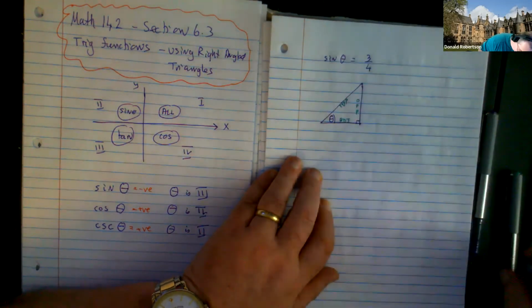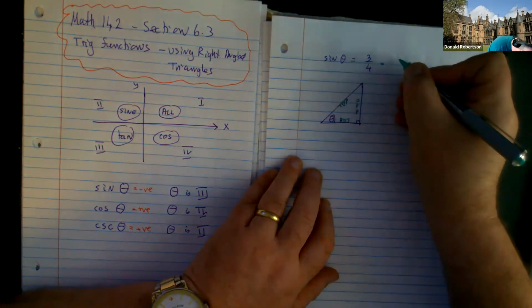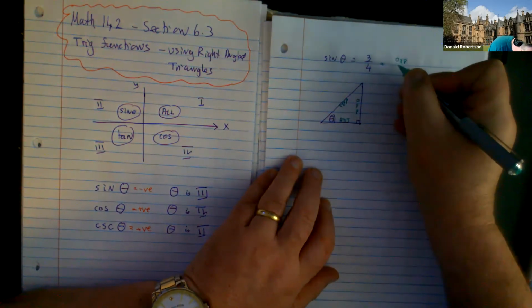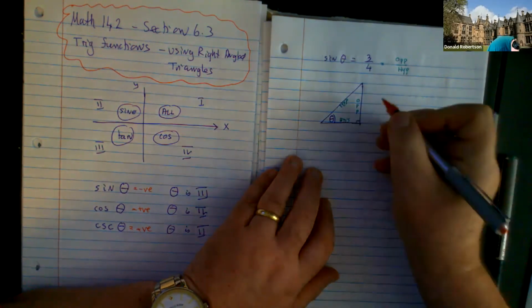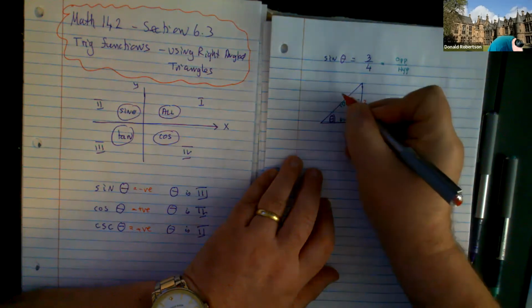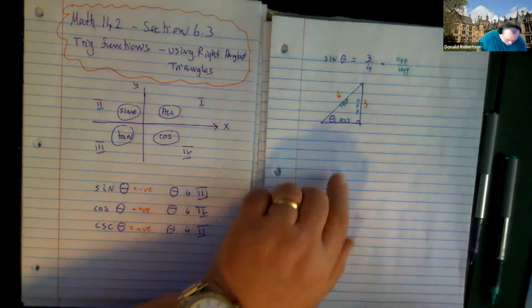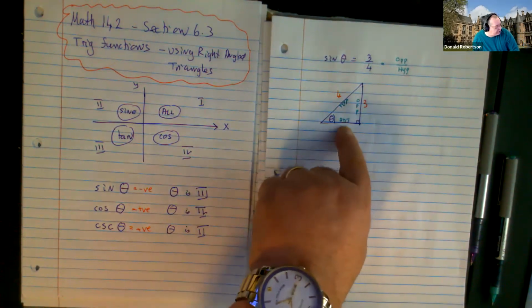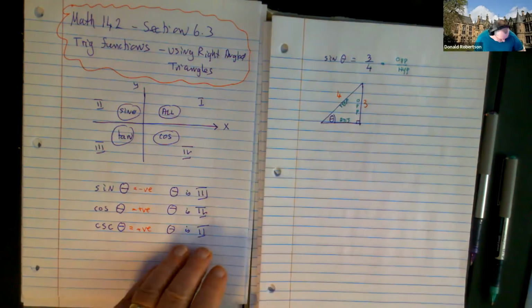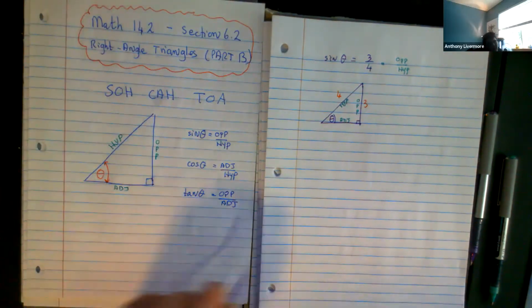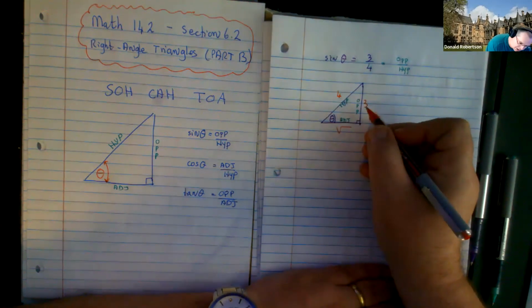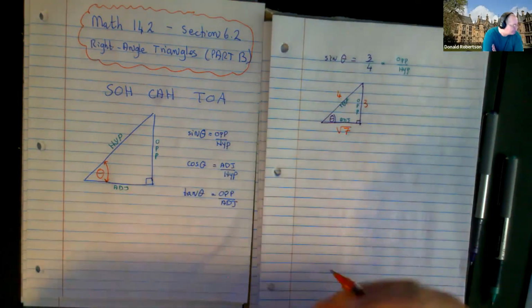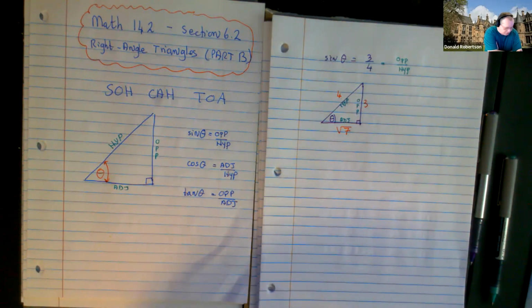Since the sine is opposite over hypotenuse, that side is 3 and that one is 4. How do we find the 3rd missing side? Pythagorean theorem. Can you take my word for it? It's 16 take away 9, which is 7, so it's the square root of 7. So far, so good. We've done things like this before.